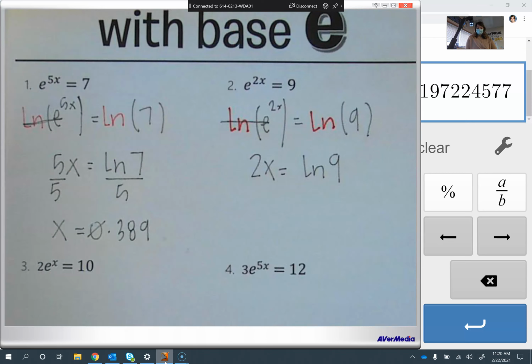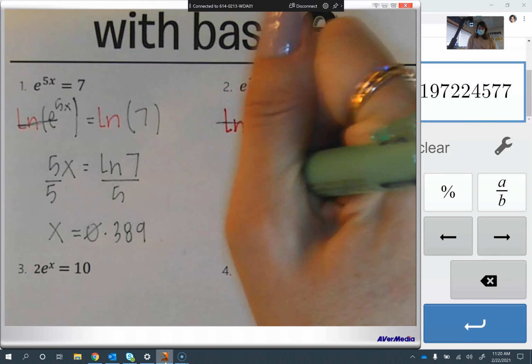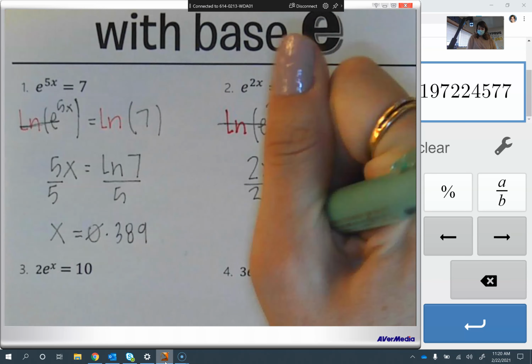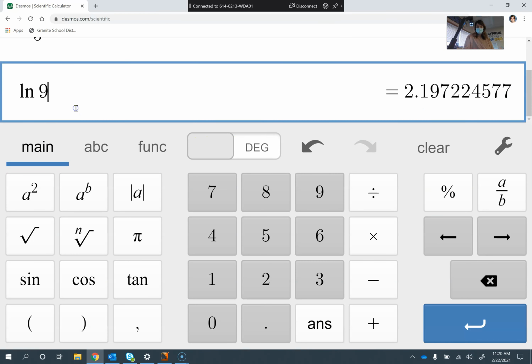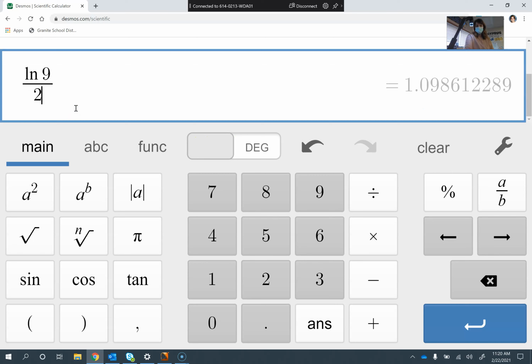So then what's our last step? Divide by what number? 2. So this one is 1.099. So for this and for the quiz, we're doing 3 decimal places.